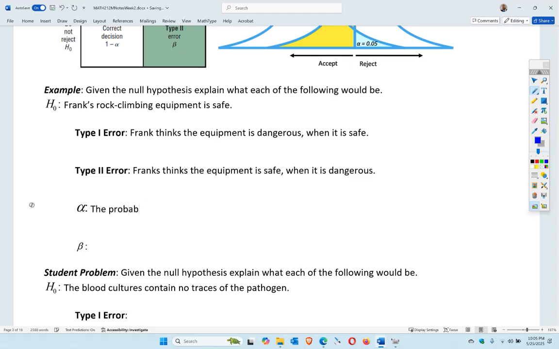Probability of the equipment, probability the equipment may not be safe when it is actually safe.